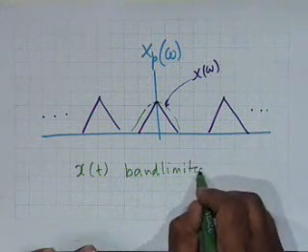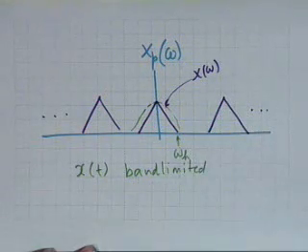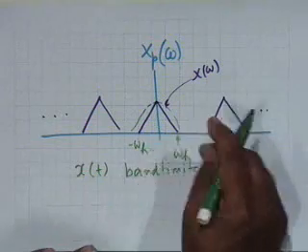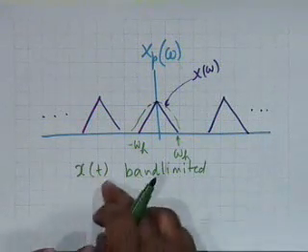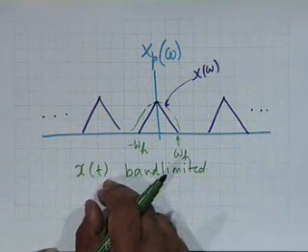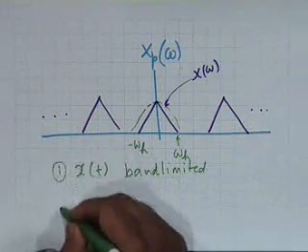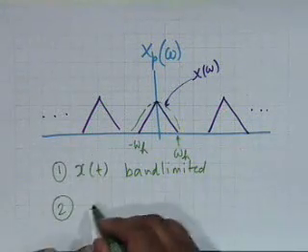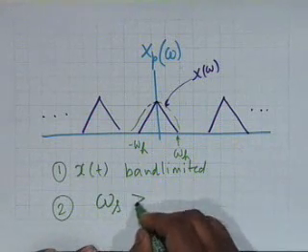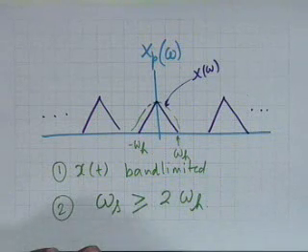That means whatever the shape of the spectrum, there is an upper frequency omega h in the spectrum beyond which the spectrum is 0. That is, all the energy of x of t is contained within a finite band of frequencies. The second condition that we derived from this particular diagram was that the sampling frequency must be greater than or equal to twice omega h. These are the two conditions.